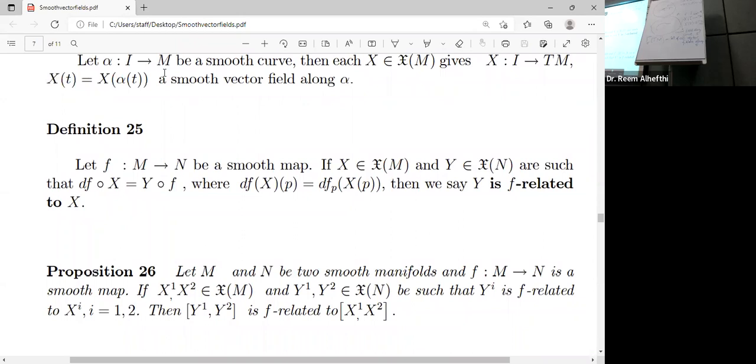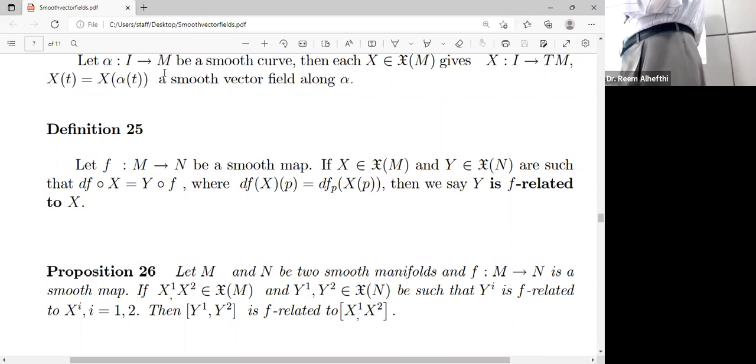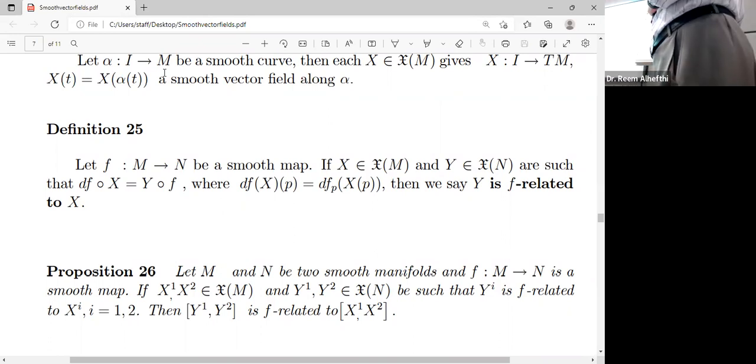The next definition is the following. If you have a smooth map F, and if you take a vector field here and a vector field on M, you have chosen a vector field here and a vector field here.